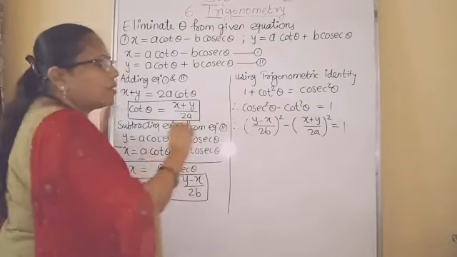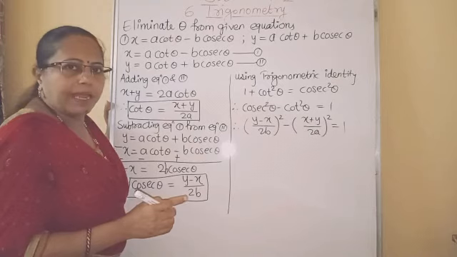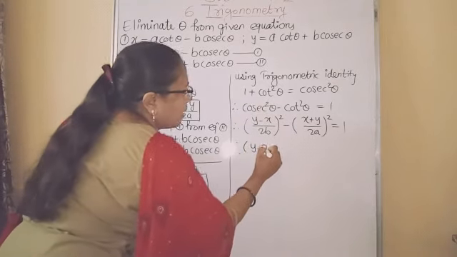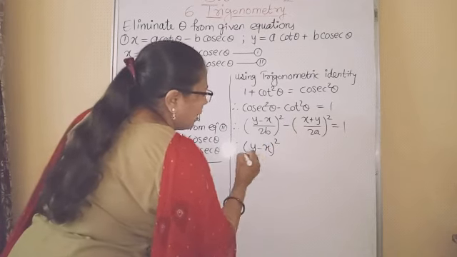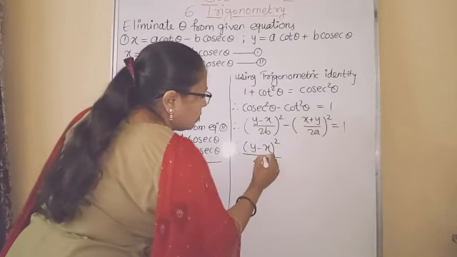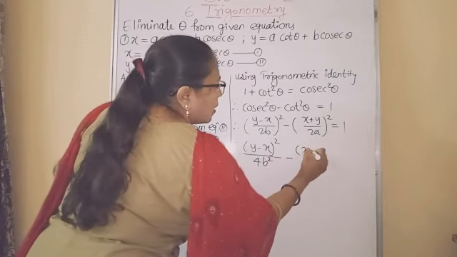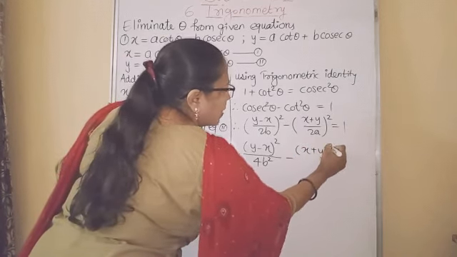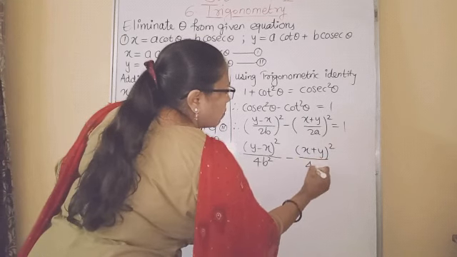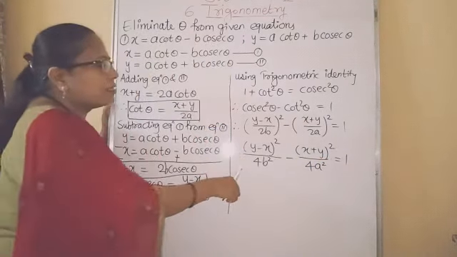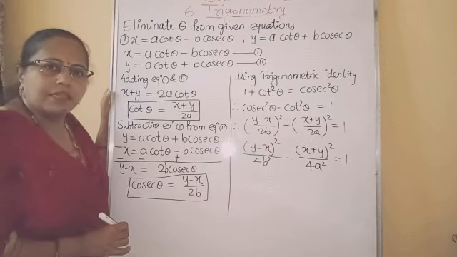Now here we will not go for squaring the bracket. Here we will write y minus x bracket square upon 4b square minus x plus y bracket square upon 4a square is equal to 1. So this way we eliminated theta.